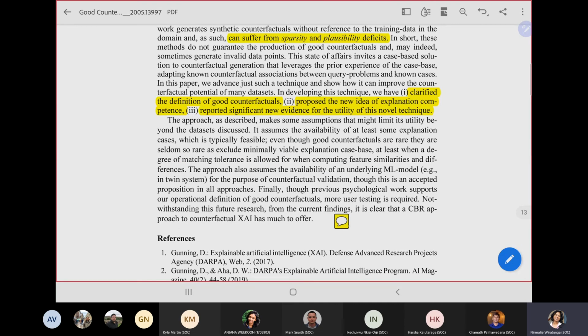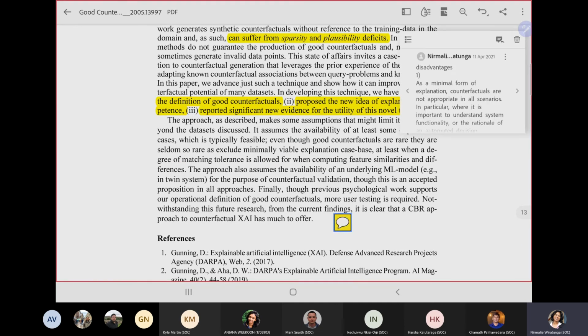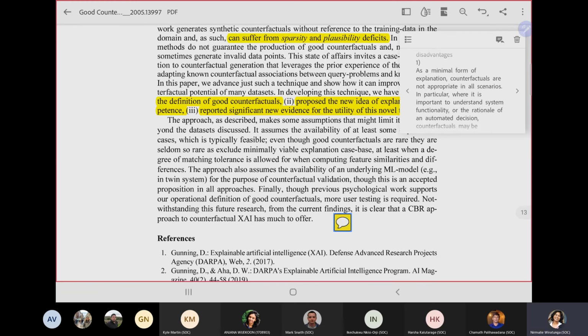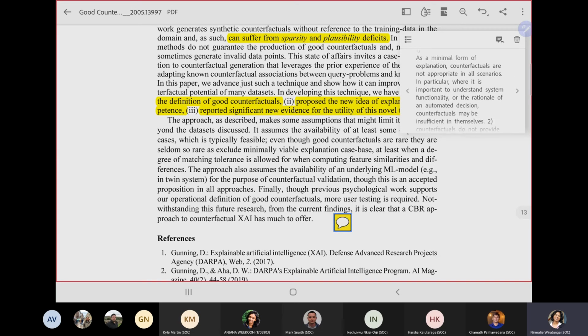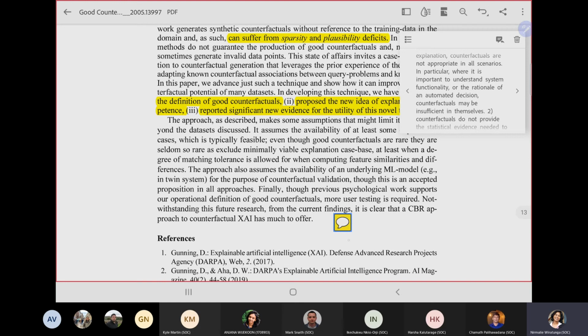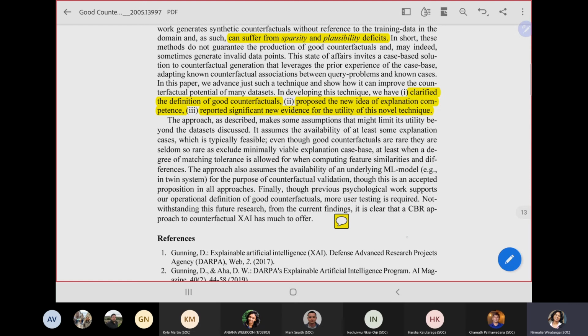For the discussion, I suppose there are some interesting disadvantages. For counterfactuals as a minimal form of explanation, counterfactuals are not appropriate for all possible scenarios. So there are some scenarios this is good for. Counterfactuals don't provide statistics, so therefore it is difficult to do any analysis on fairness or bias.